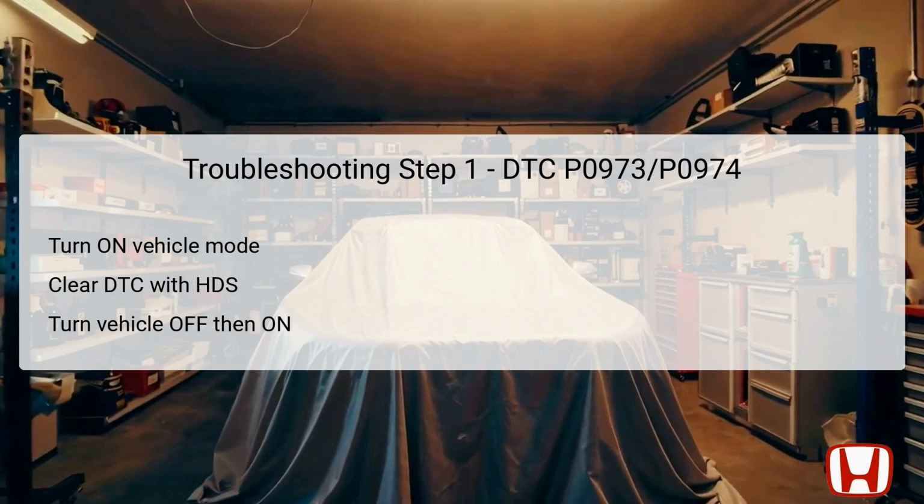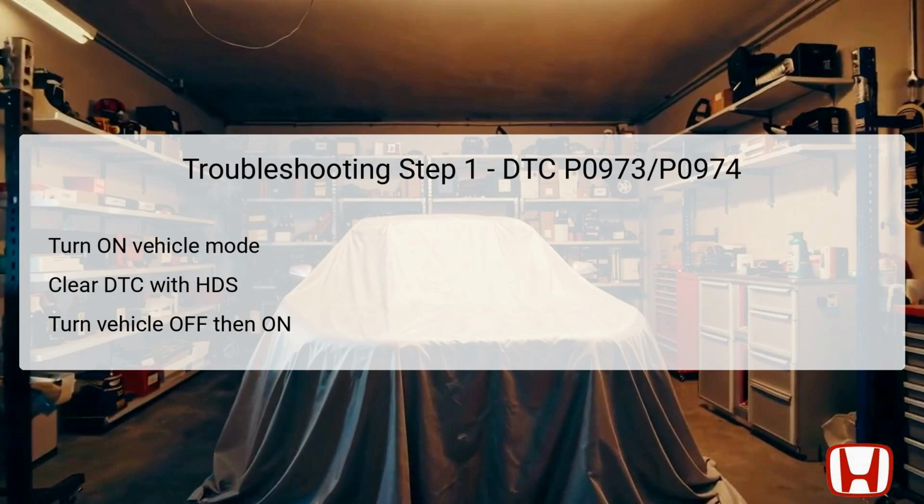Once the vehicle is in this mode, proceed to clear any existing DTCs present in the system using the HDS. Following this, turn the vehicle off and then, after a moment, return it to the on position. Allow the vehicle to sit in this mode for several seconds to enable the system to reset.